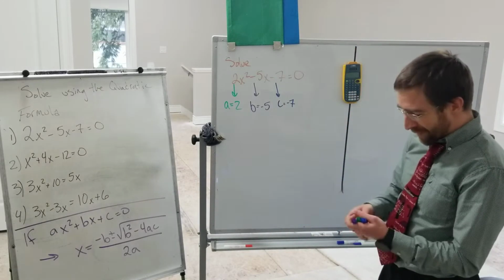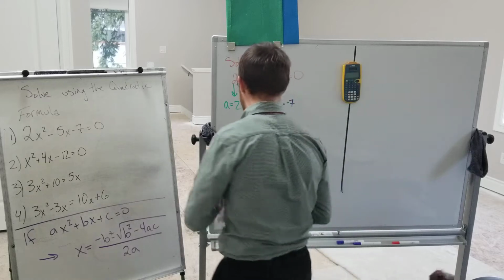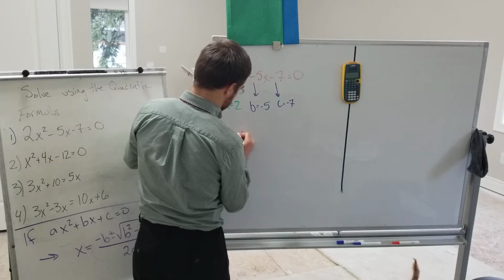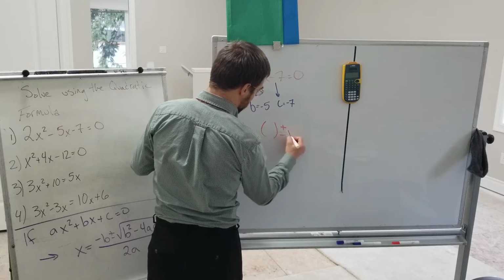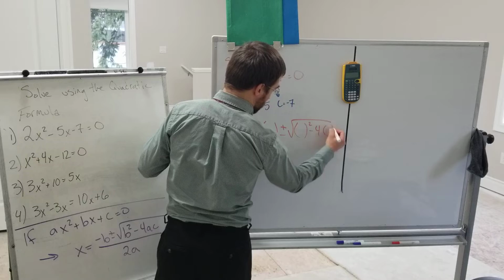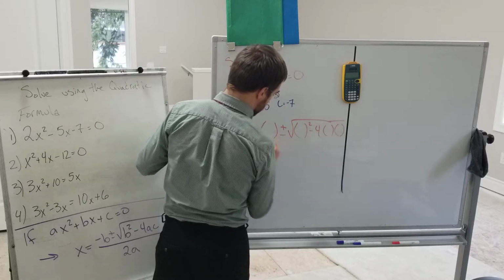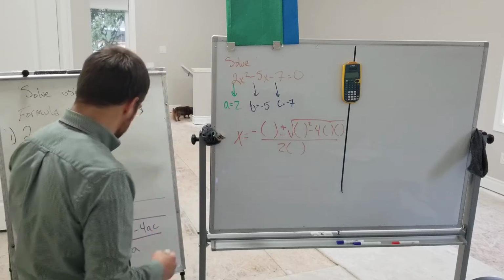All right, let's go ahead and put this in the quadratic formula. So we go x equals -b plus or minus the square root of b squared minus 4 times a times c, all divided by 2 times a. Right, that's what the quadratic formula says.